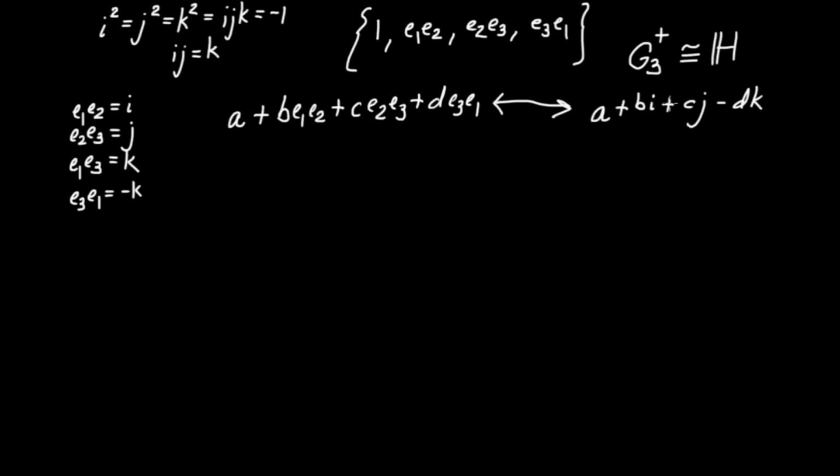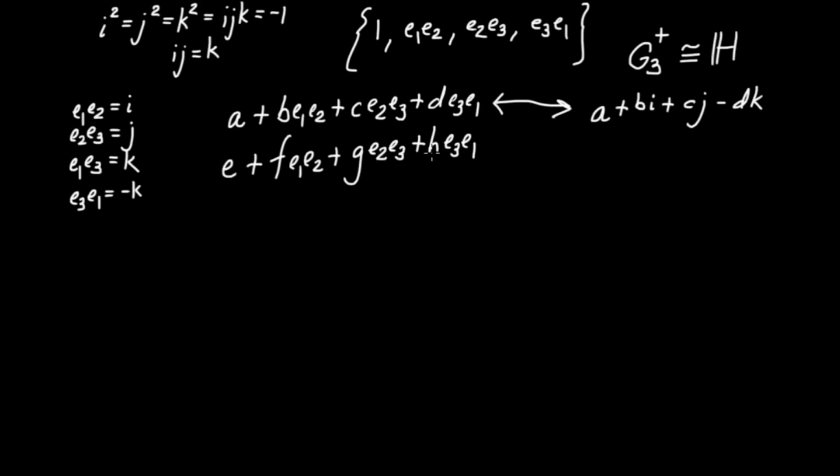And you can go in the reverse direction too. If I have something that looks like this in the quaternions, I can translate that over to an element in the even subalgebra in the following way, just keeping these coordinates the same, just flipping sign on this last one here. Now what's pretty neat about this is that if you have a second element in the even subalgebra, let me say e + f e1e2 + g e2e3 + h e3e1, where the a through h, those letters are just scalars.